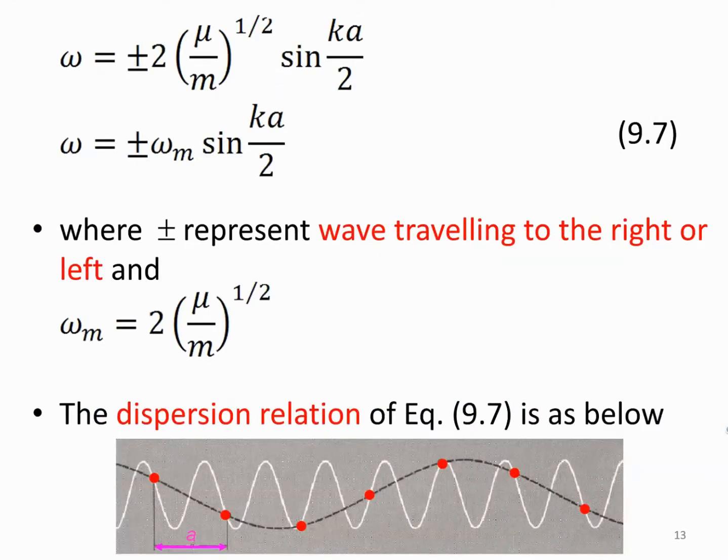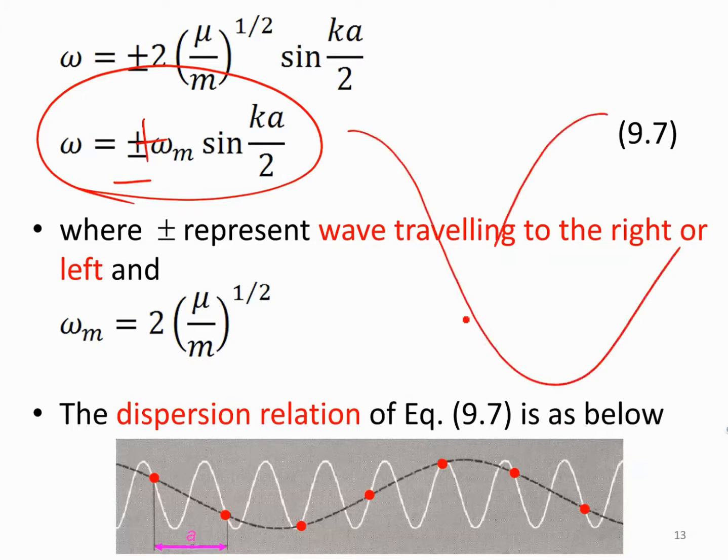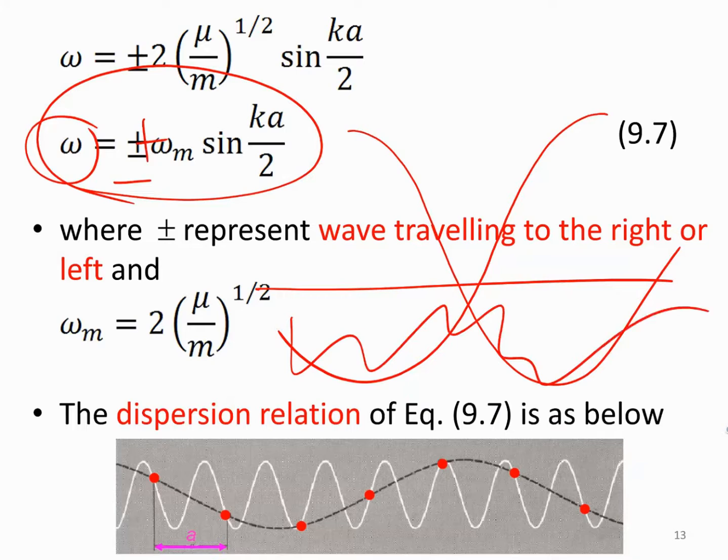Okay, so from this equation, can we plot it in a graph? Plus minus Ka over 2 sine Ka over 2. Something like this, right? But there's no way that omega can be negative, so the negative side we take out, and we only have positive omega.